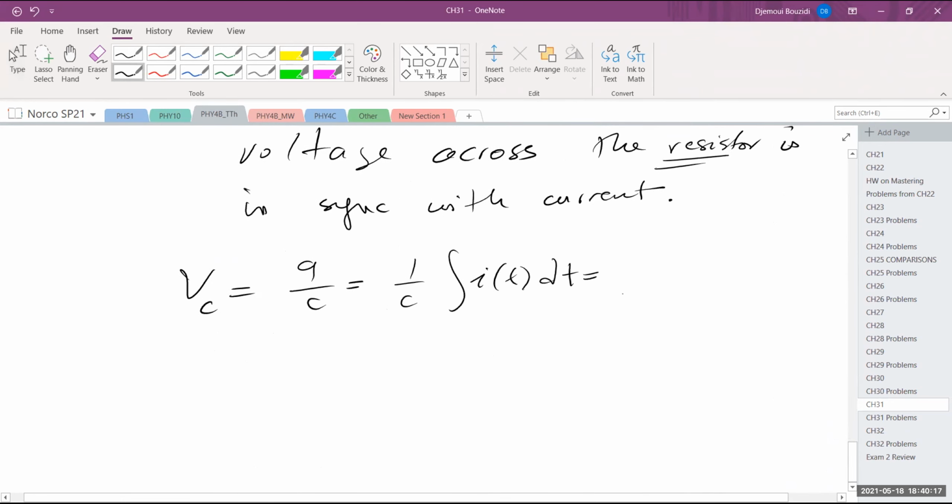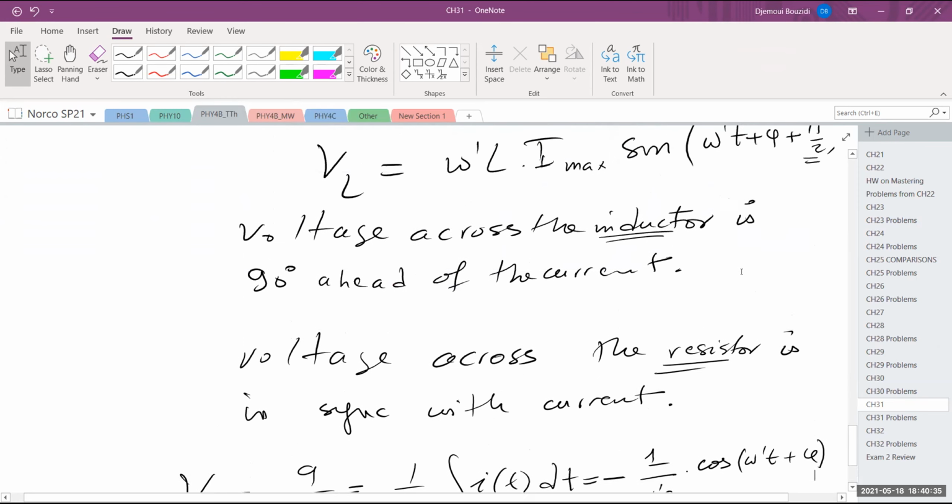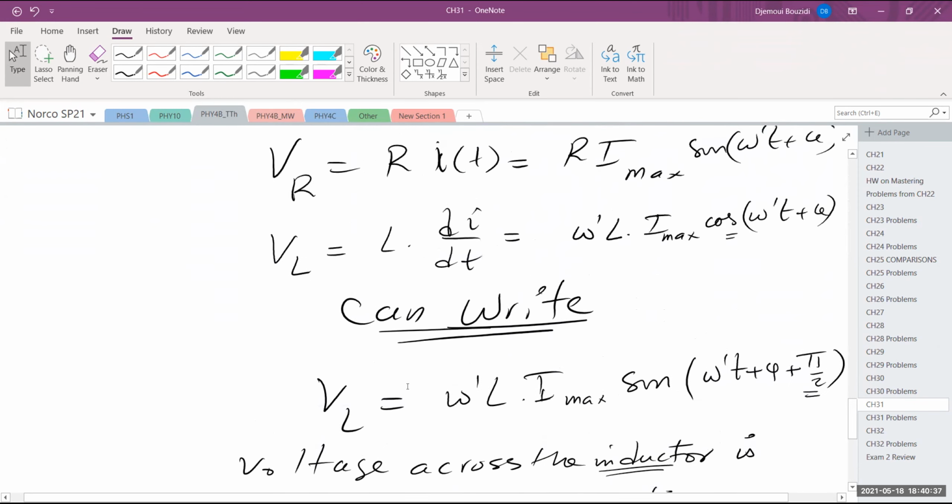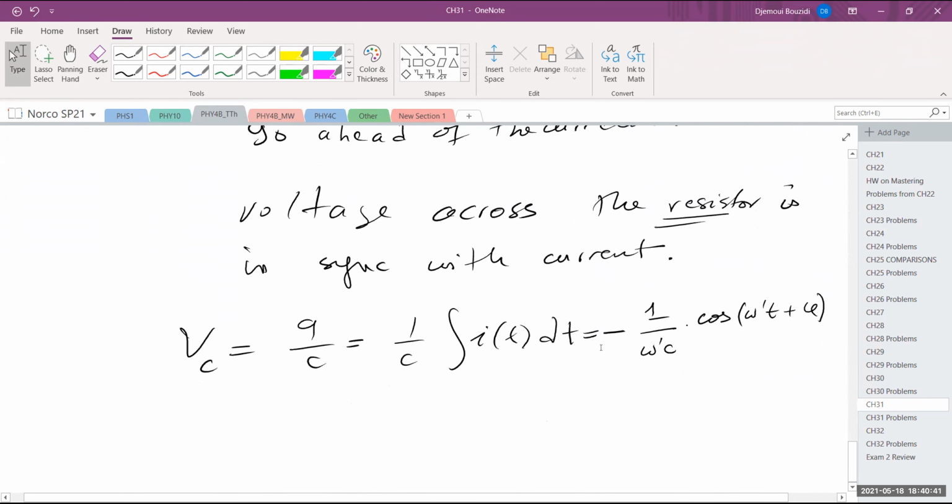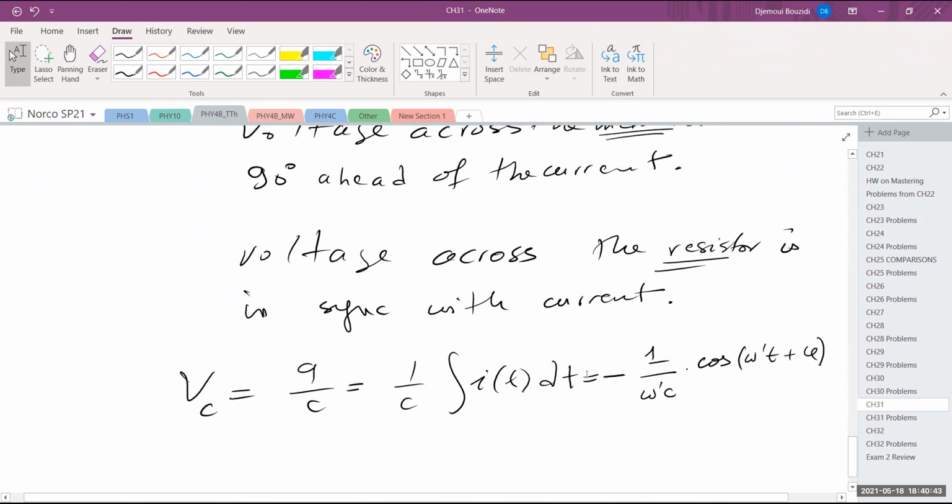So it's going to be a negative 1 over omega prime C times a cosine of omega prime t plus phi. I don't like this business of cosine again, for the same reasons that I raised the objections on VL. I'm going to do the same thing for VC, but I have this negative sign also in addition to it. So I want the minus cosine to become a positive sine.